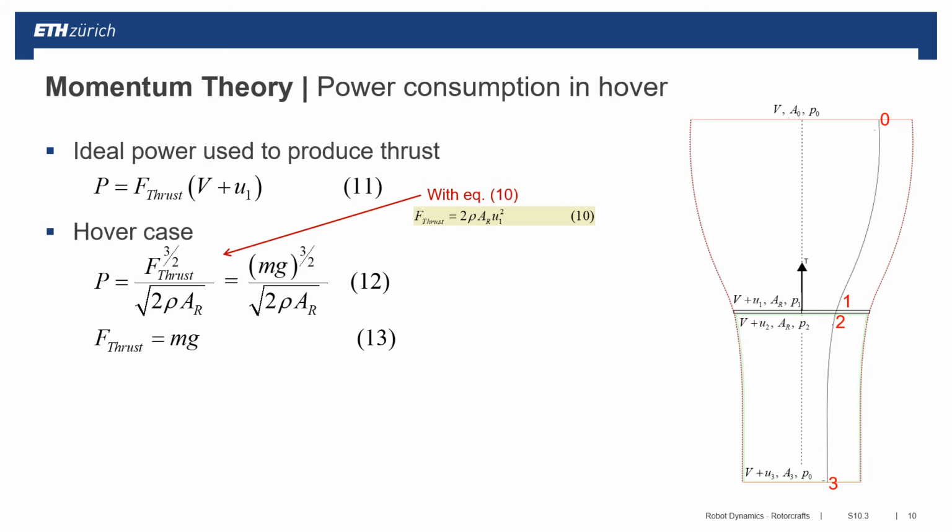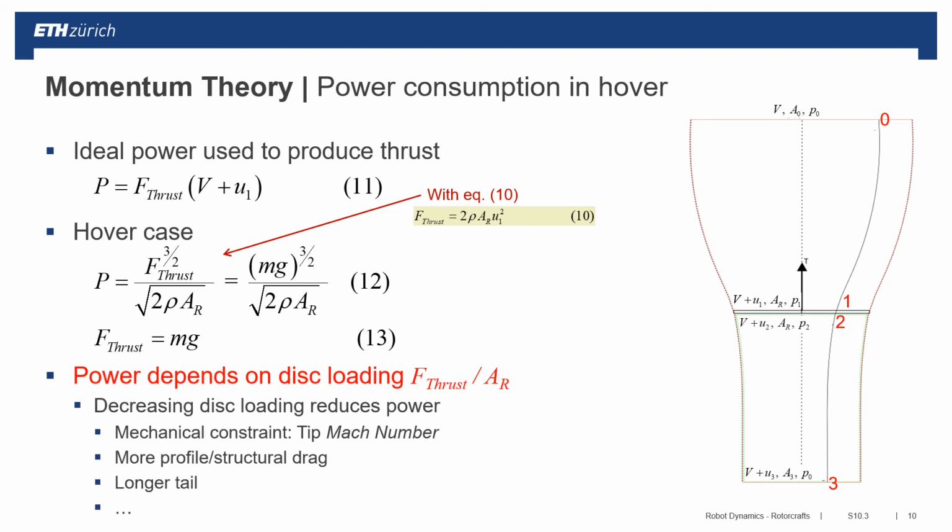If we combine this with equation 10, which we have seen just in the slide before, we can find an equation for the power in the hover case, which is equal to the thrust force to the power of 3/2 divided by the square root of 2 times the density times the surface area at the rotor. Now, if we assume that the rotorcraft has to carry its own load, which is mass multiplied by g, we can actually find an equation of the power for hover.